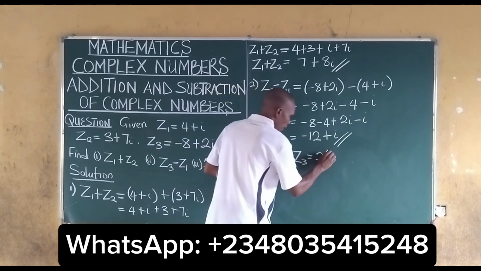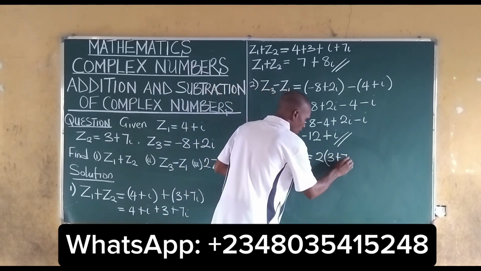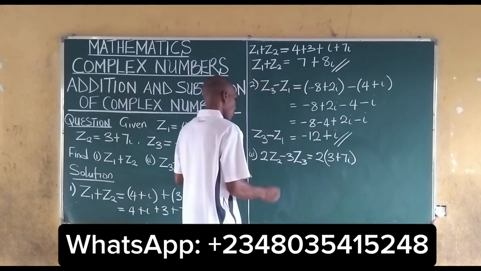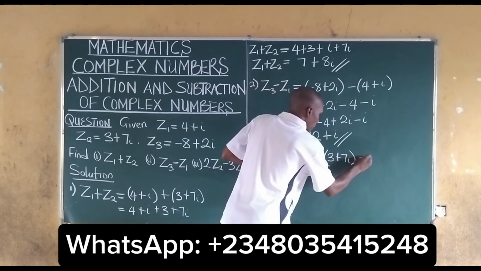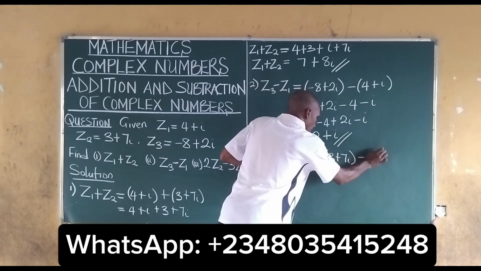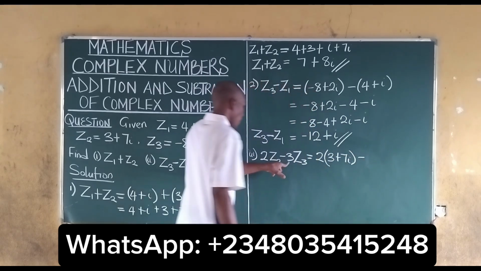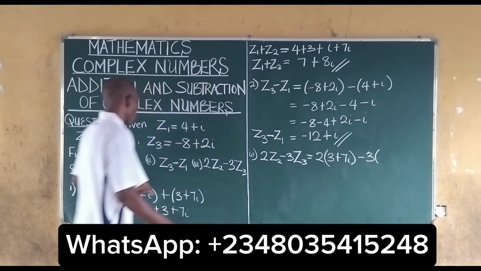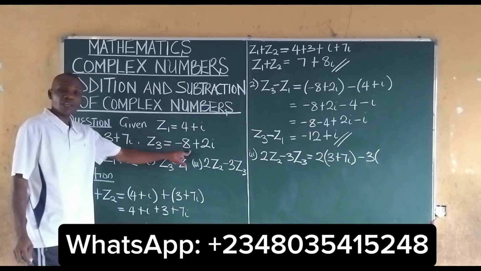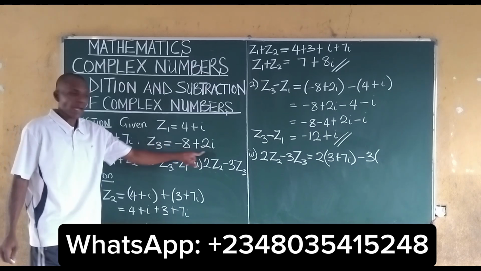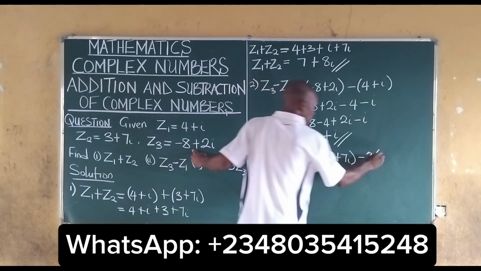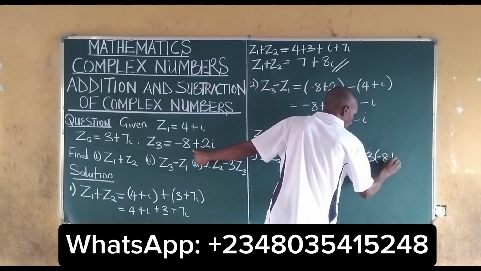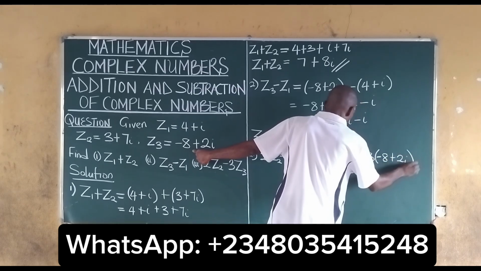Then we bring down our negative sign. We have 3 here already. 3 into, what is Z3? Z3 is negative 8 plus 2I. So we put it inside the bracket, negative 8 plus 2I.